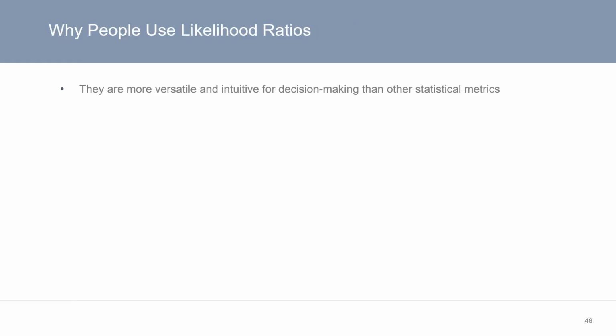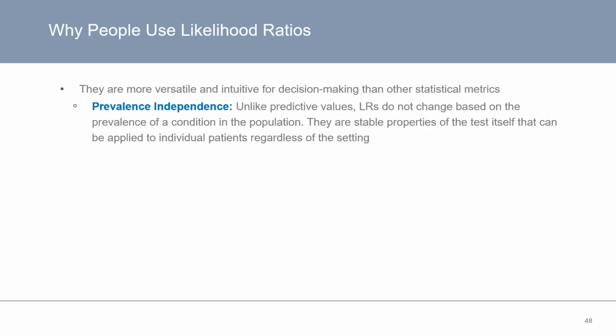Let's also take a moment to look at why people use likelihood ratios. In short, they tend to be more versatile and intuitive for decision-making than other statistical metrics. For one, they have prevalence independence, meaning that unlike predictive values, likelihood ratios do not change based on the prevalence of a condition in the population.